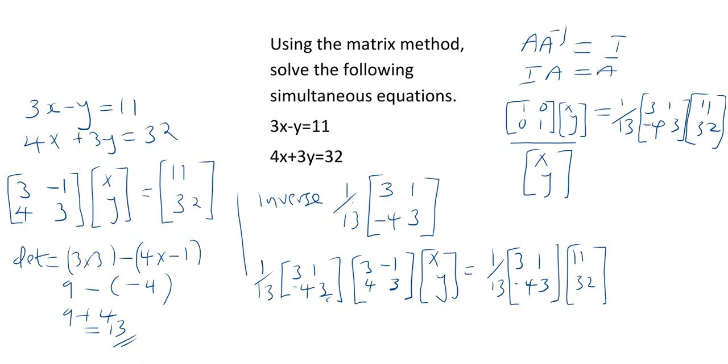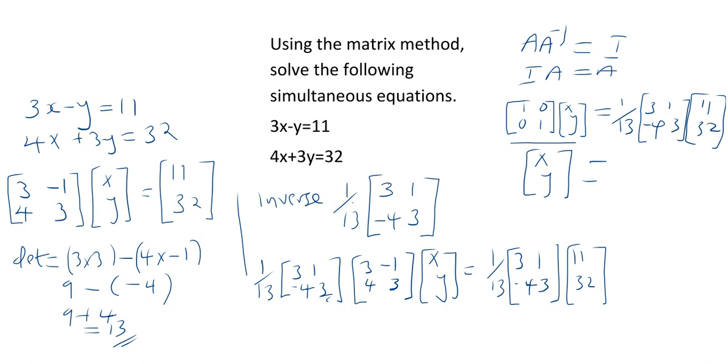After that, we have now to compute the right hand side. Let's multiply these two matrices, then we multiply with 1 over 13 at the end. When we multiply the two, we shall multiply every row of this with this column.